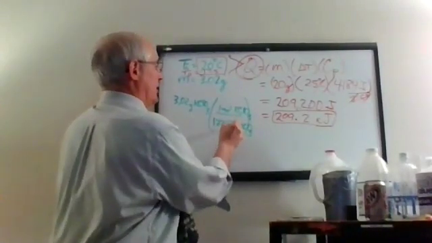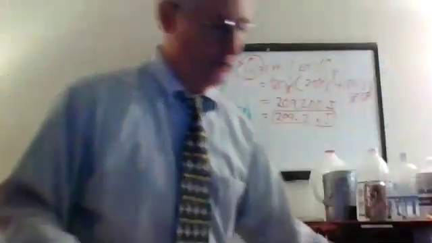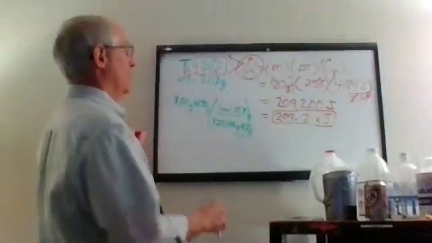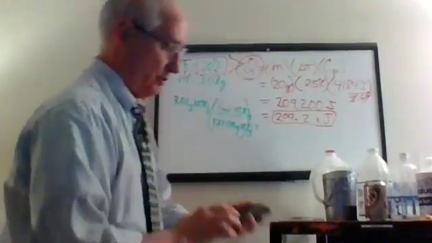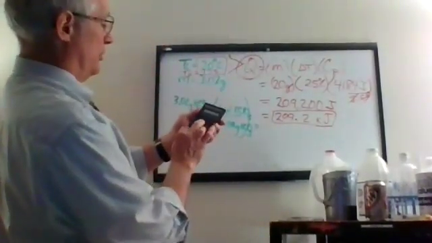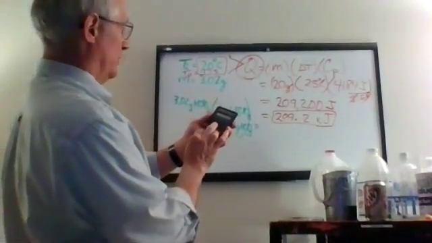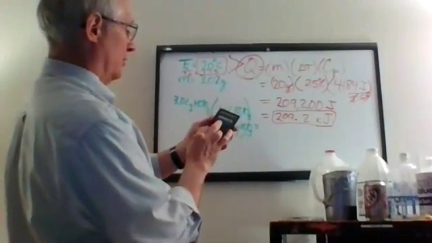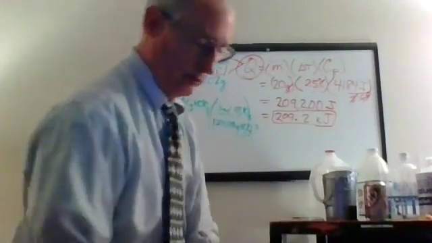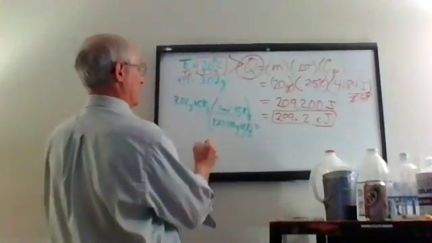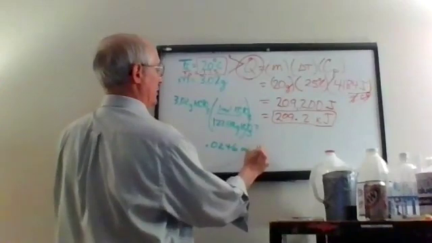I got that molar mass down to the gnat's eyebrow because I use the numbers off of here exactly, since I'm doing a lab. So now we'll find out what that is. 3.02 divided by 122.548 is 0.0246 moles KClO3.